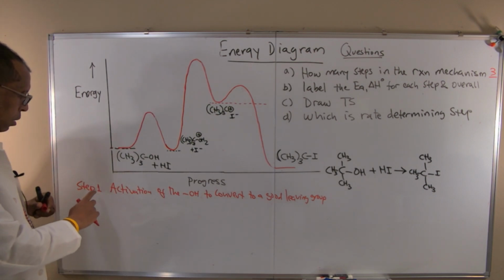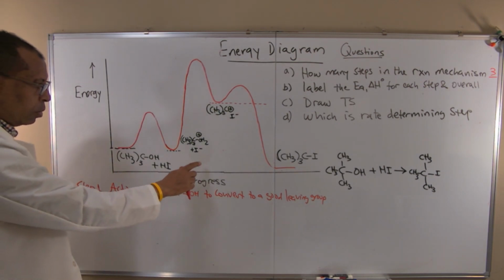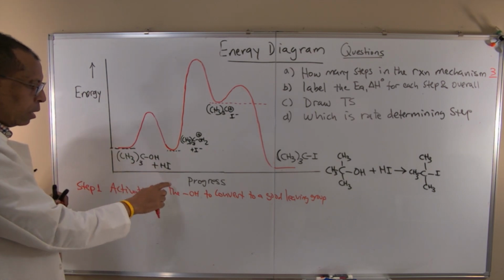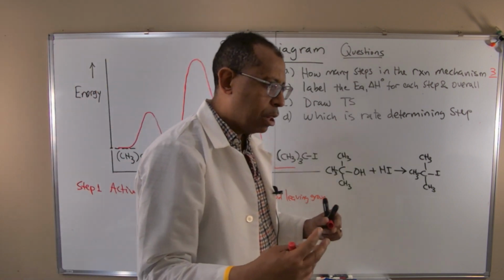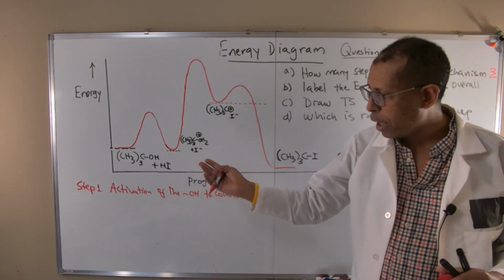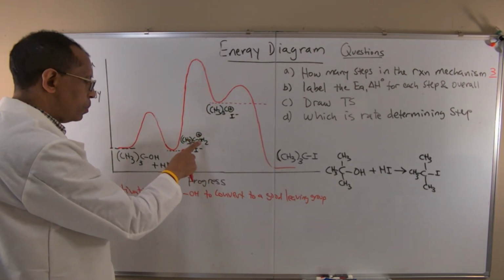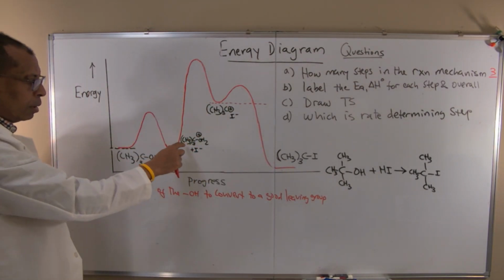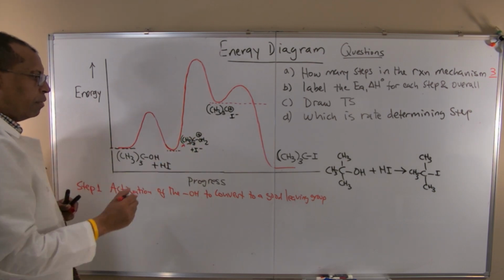What happens in step 1 is you are activating it using hydroiodic acid, so the OH would abstract one H plus from the strong acid and becomes OH2 plus. So this is the product of the first step, that's the activation.